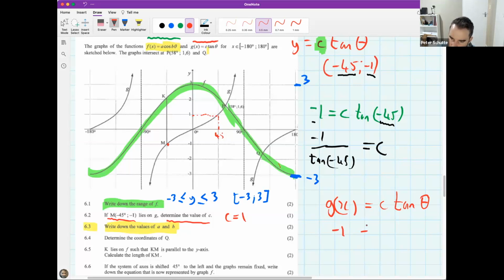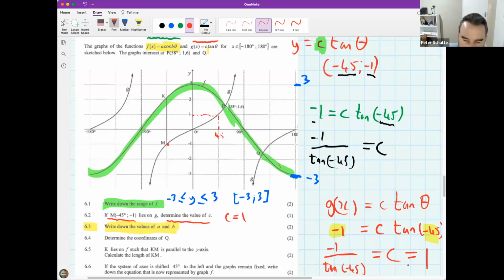And I just said, look, if I sub in that point, the -1 and the -45, I can actually just move the tan of -45 to that side and then put that in my calculator. And what you actually get is 1. So I hope that helps.